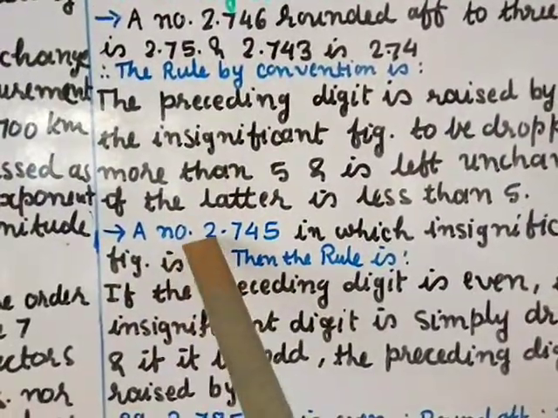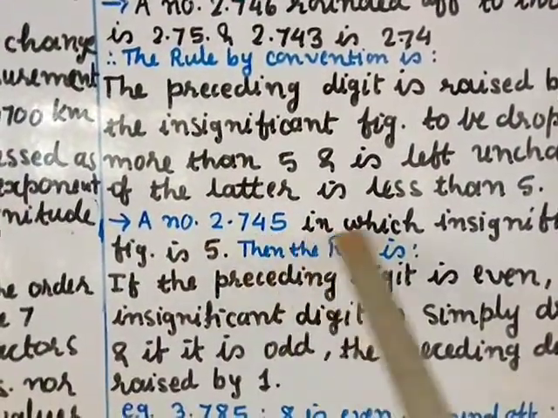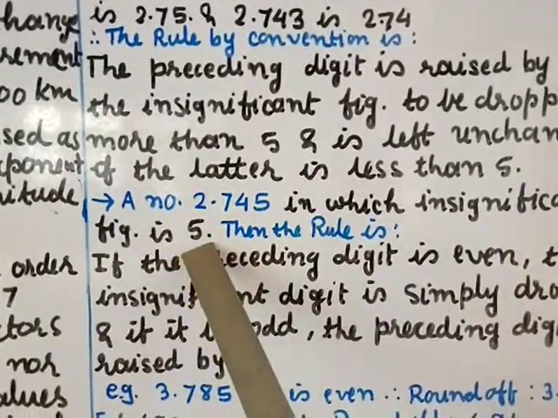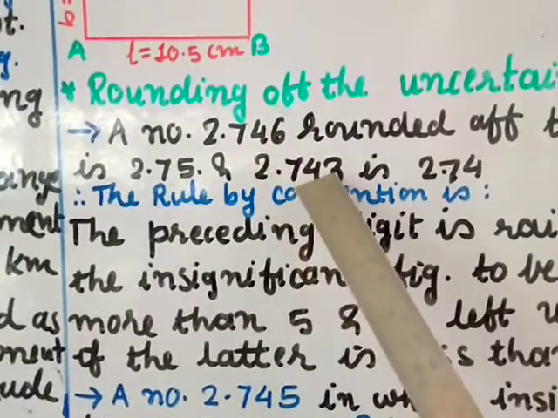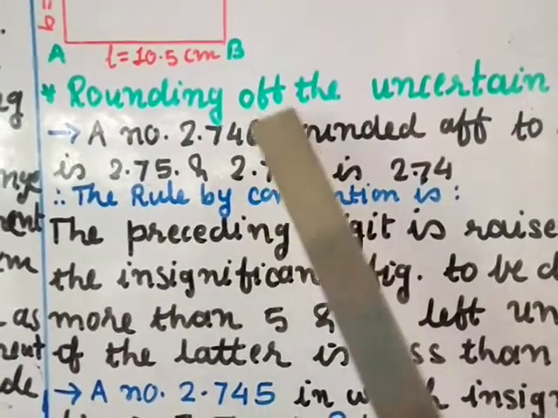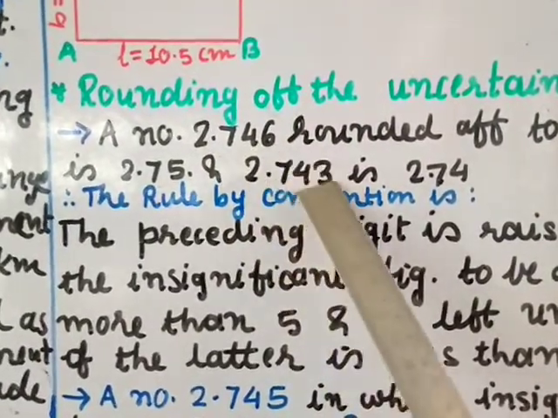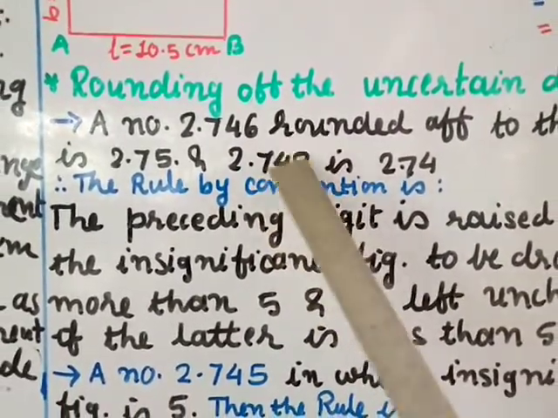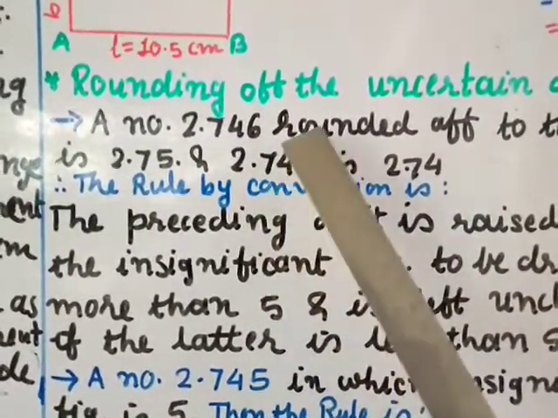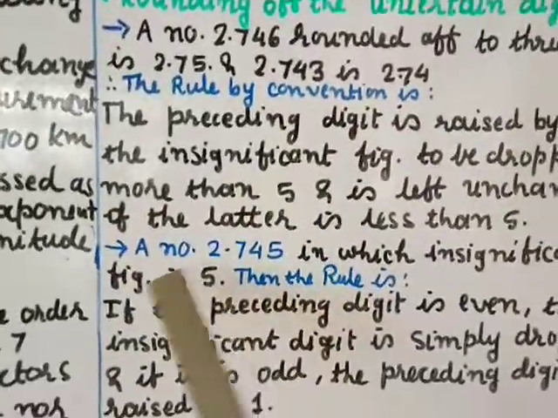A number 2.745 in which the insignificant figure is 5. Now here it was 6, more than 5, here it was 3, less than 5, and you can just round. But what happens if instead of 6 or 3 it is 5, and you want to round off to 3 digits and drop this 5? For that, this is the rule.